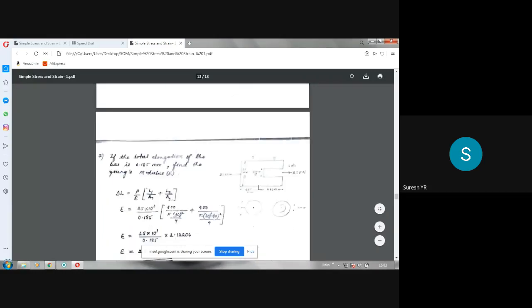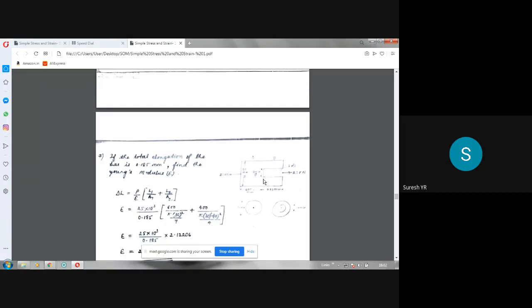Now in the third problem, I have taken a drill in the bar, a hole in the bar, so that area is different. One is solid circular area, another one is hollow circular area. So the formula PL by AE remains the same, but the area formula differs. So pi d square by 4 is the area for the solid portion for this 600 mm length.